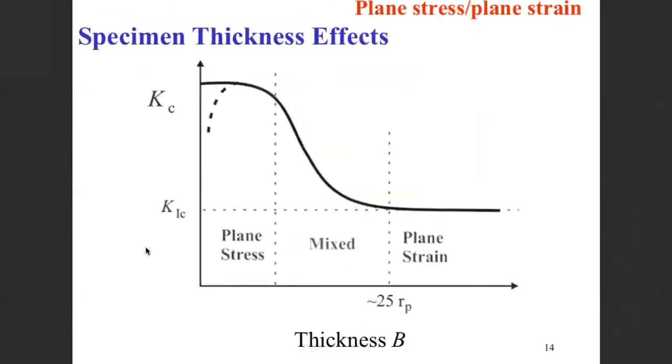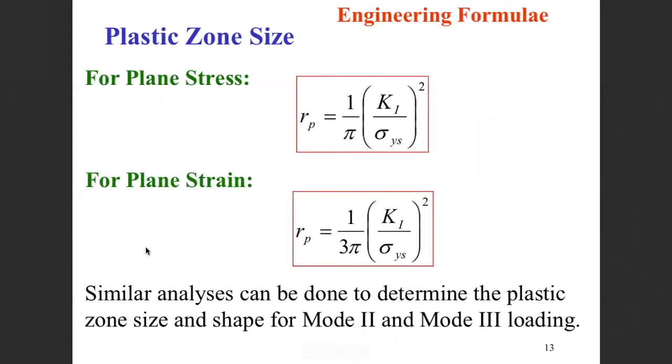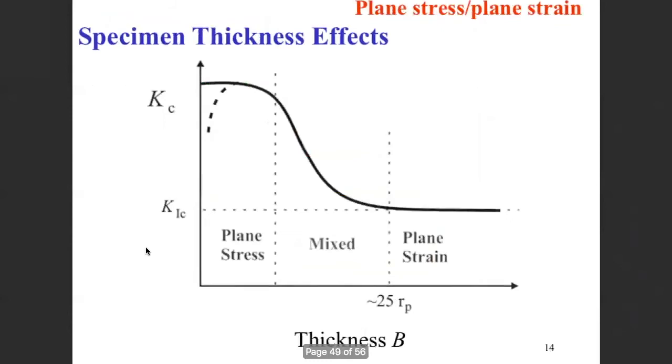And then, of course, if you're doing tests, you need to make sure that your sample is significantly large relative to the plastic zone size, right? Basically, the rule of thumb from the ASME standards is you need it to be essentially 25 times the plastic zone, right?